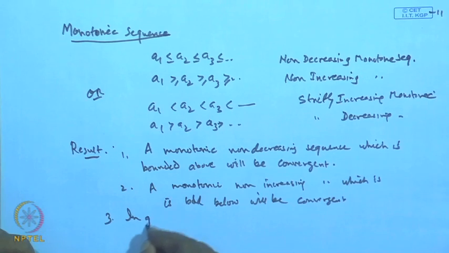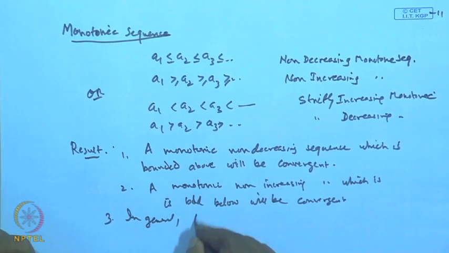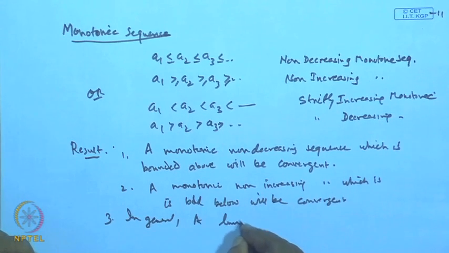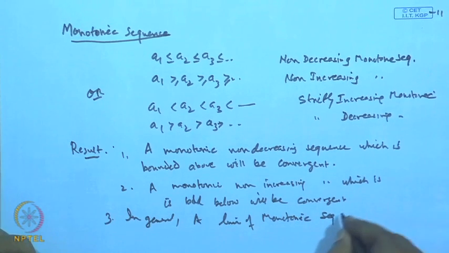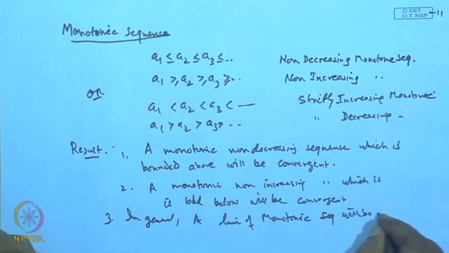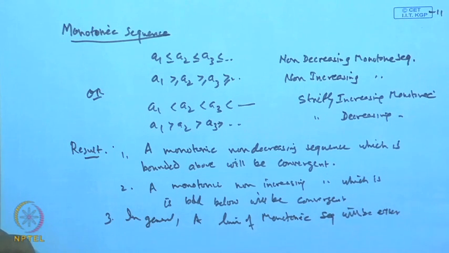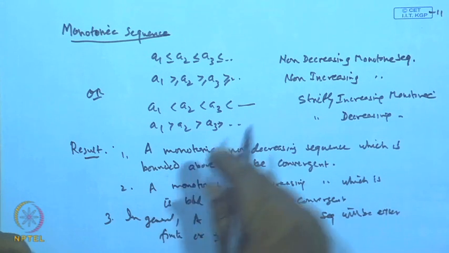In general, the limit of a monotone sequence will be either finite or plus or minus infinity, but these are the convergence criteria.